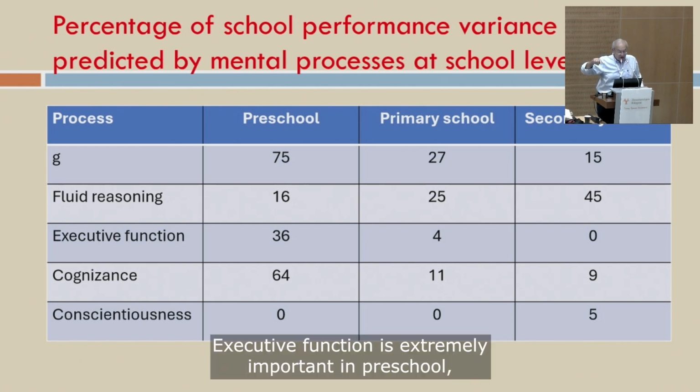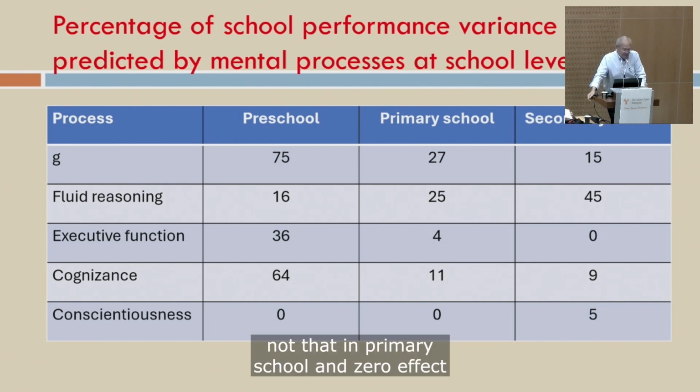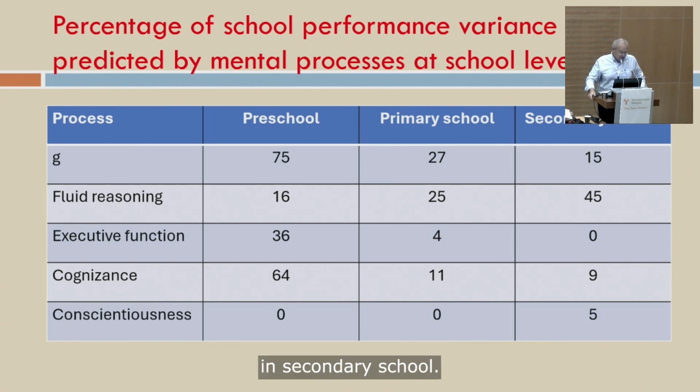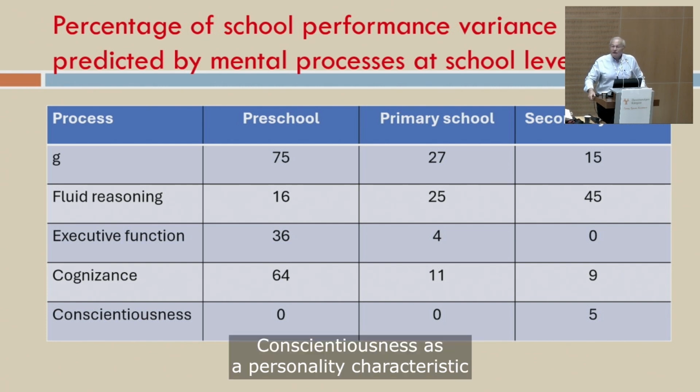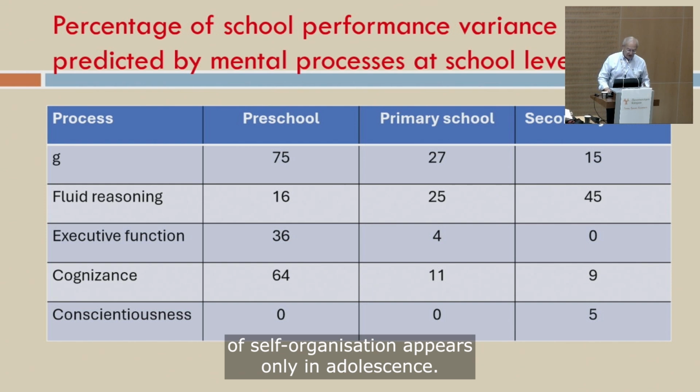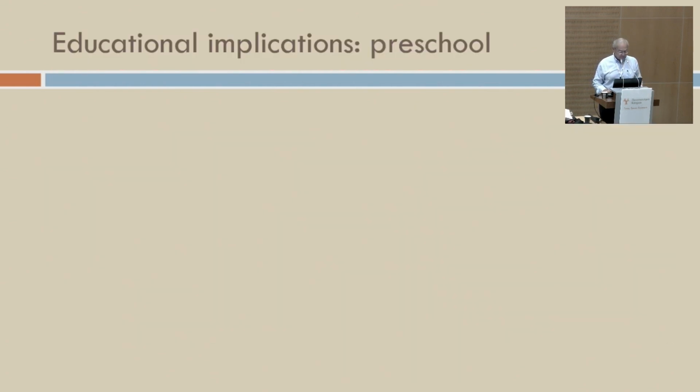Executive function is extremely important in preschool, not that much in primary school, and zero effect in secondary school. The same is true for awareness. Conscientiousness as a personality characteristic of self-organization appears only in adolescence.